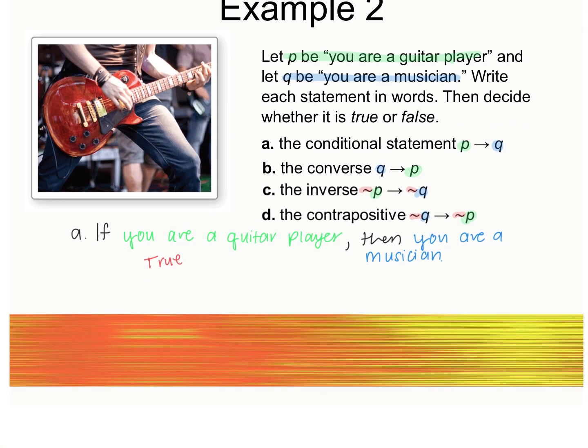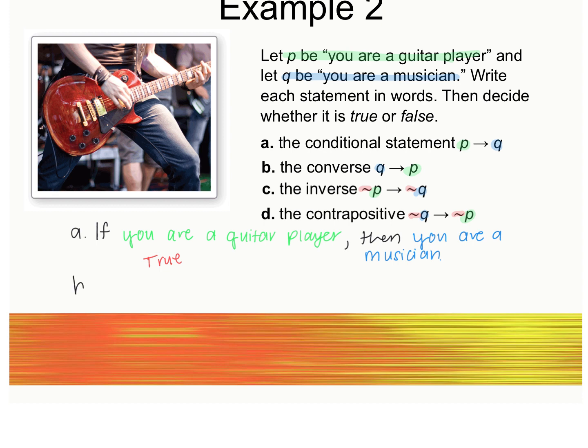All right, looking at the second one, this is going to be B. If, now I'm flipping it, if you are a musician, then you are a guitar player.